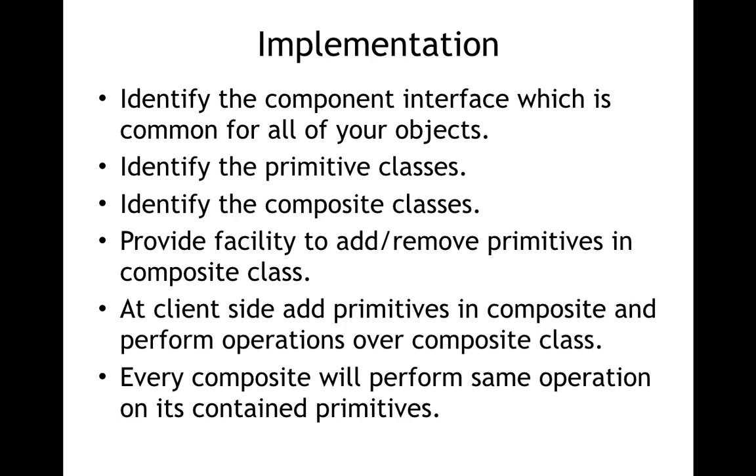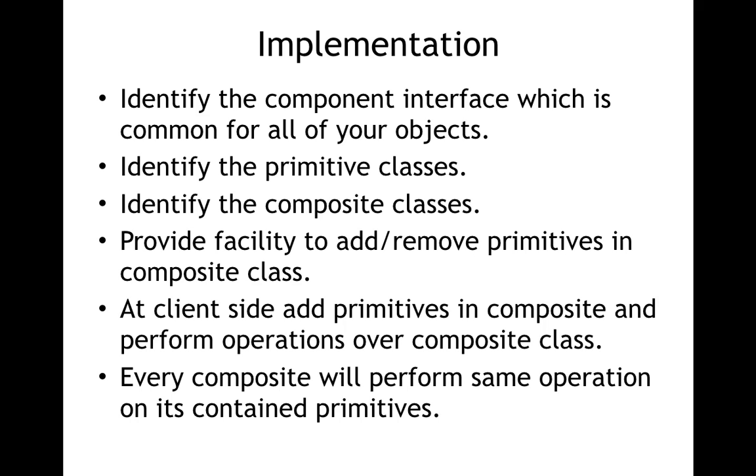Now let's see how to implement this design pattern. You first have to identify the component interface, which would be common for all of your objects. You have to identify the primitives as well as the composite classes, which would be creating a collection of these primitives.